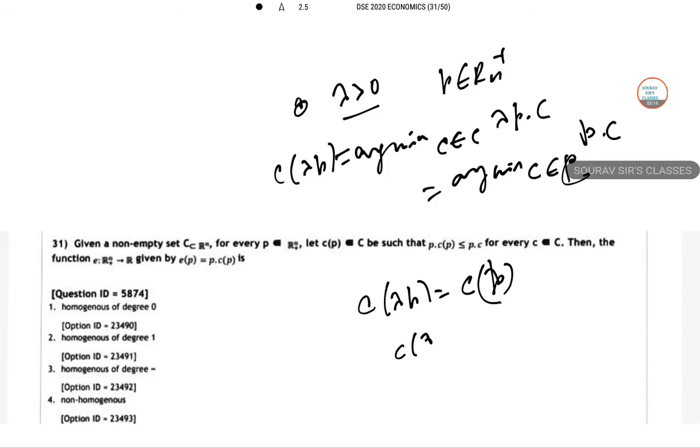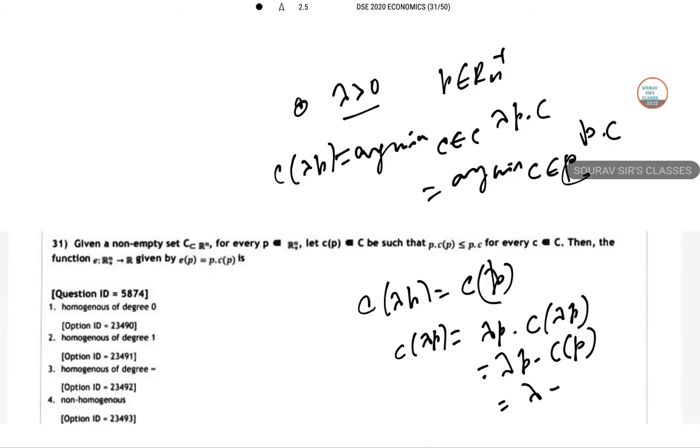So E of lambda P equals lambda P into C of lambda P, which is lambda into E of P. So this power is 1, so this is homogeneous of degree 1.